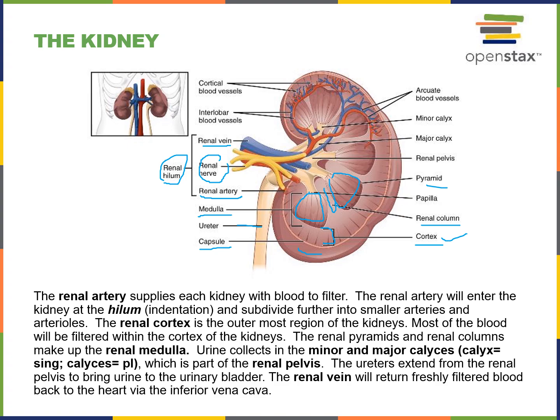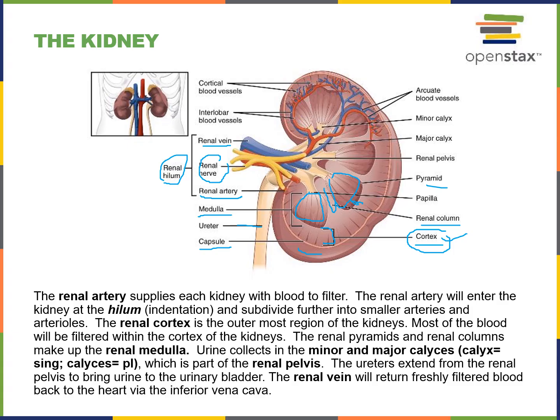Now, what we will learn is that those structures called nephrons, which you can't see in this diagram because nephrons are microscopic, are mostly present in the cortex. Parts of them may extend into the medulla.